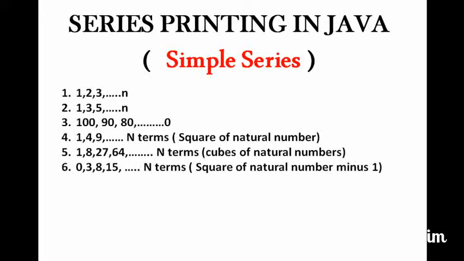And the sixth one is square of natural numbers minus 1. 1 square minus 1 is 0. 2 square, that is 4 minus 1 is 3. 3 square, 9 minus 1 is 8, and so on. Till n terms it will go.